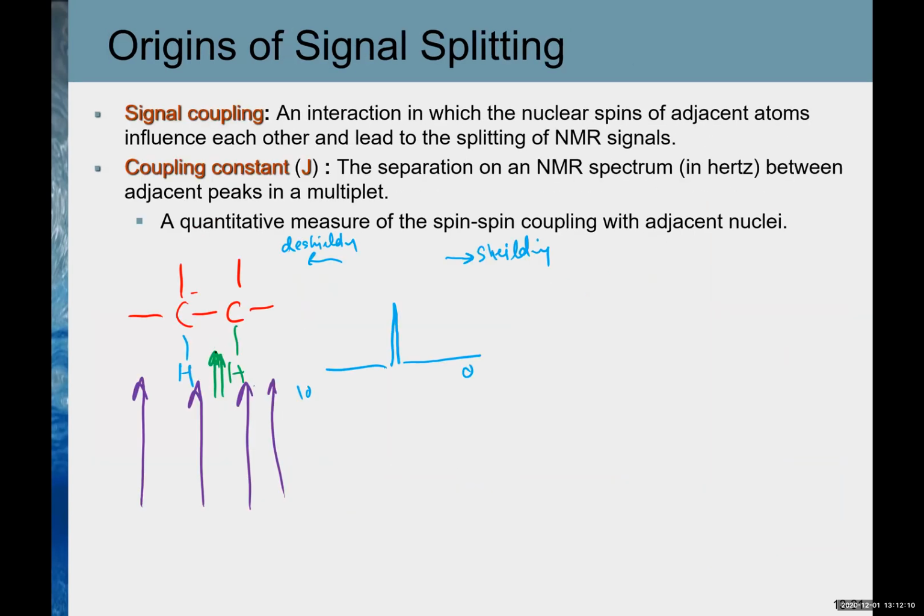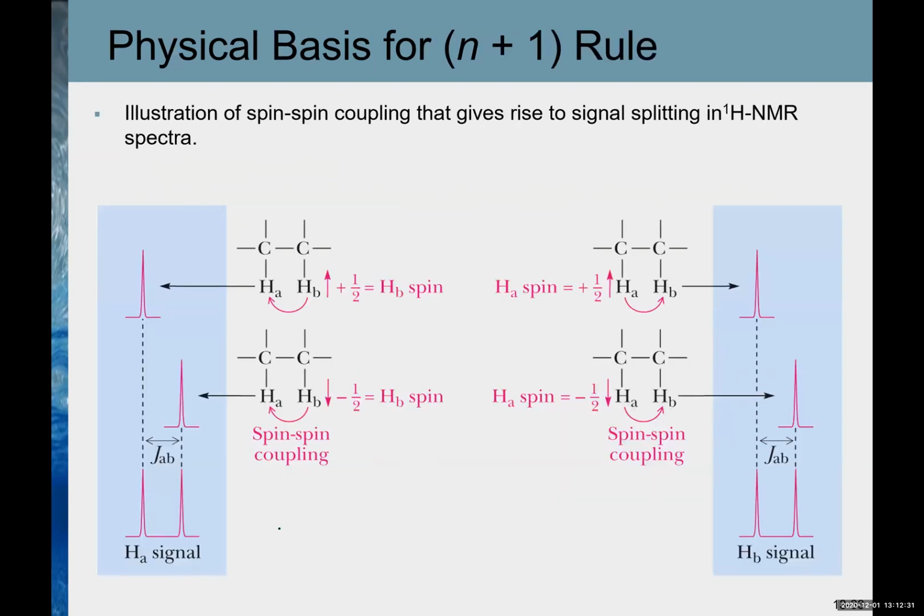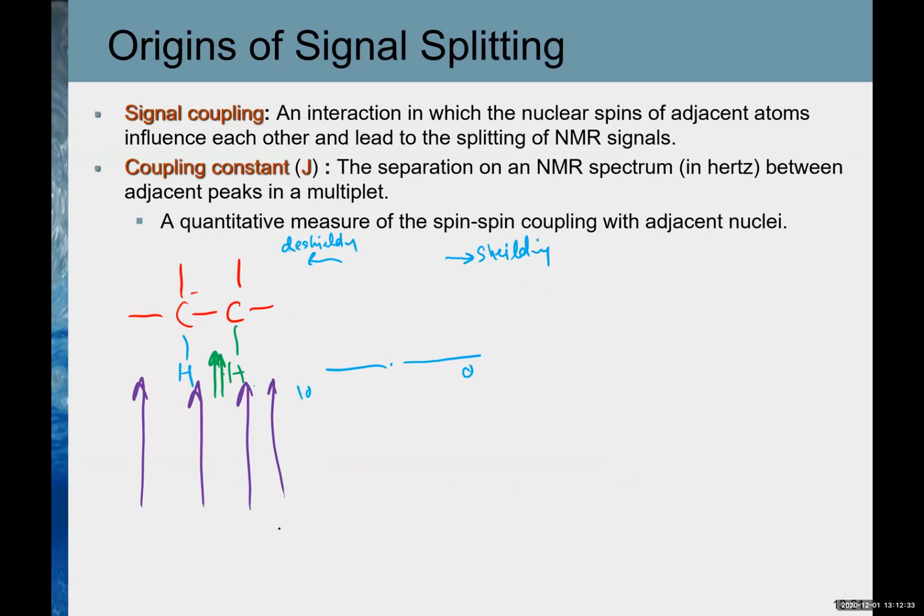Instead of shielding it, it is now causing more de-shielding. So the blue signal will now shift. Instead of appearing in this region, it will appear here. That's what will happen.